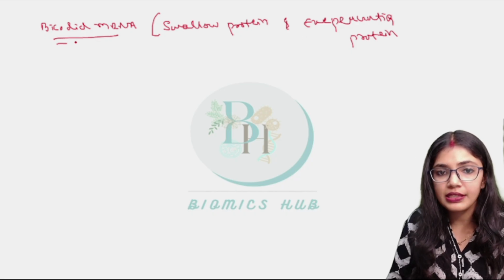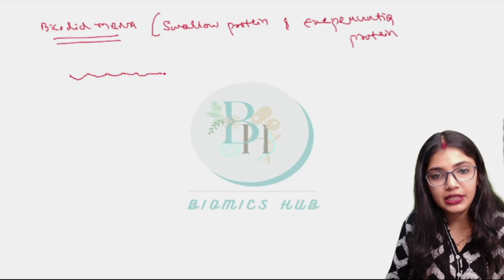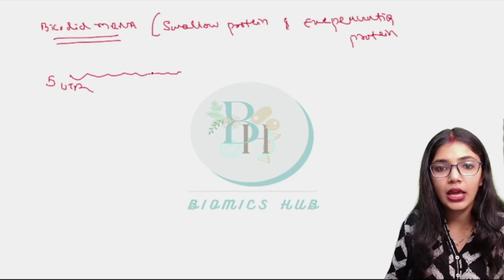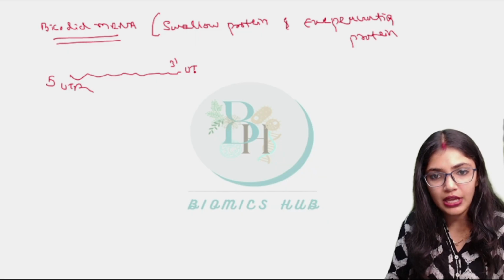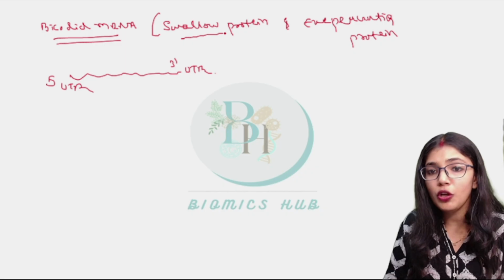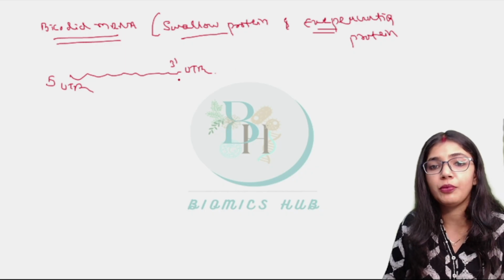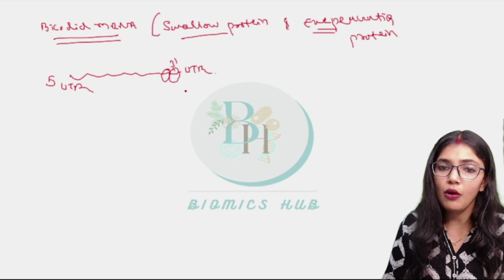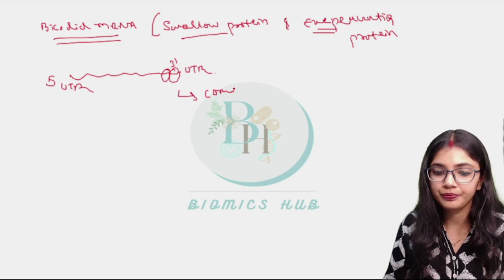This bicoid is now in the form of mRNA. It has a 5' UTR region and also a 3' UTR region. In this 3' UTR region, the swallow protein and the exuperantia protein bind. So now it is forming a complex.